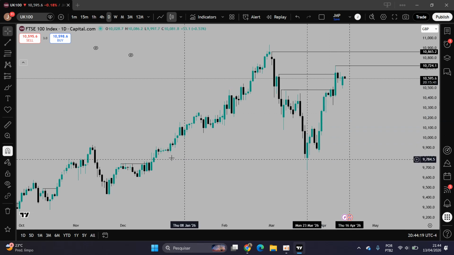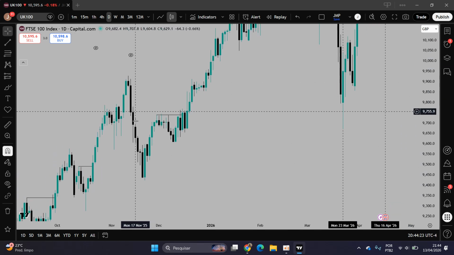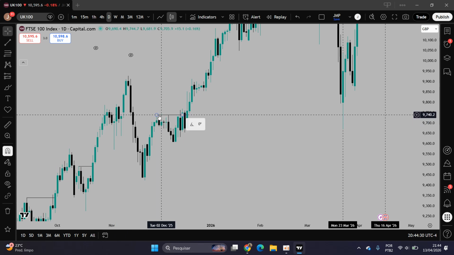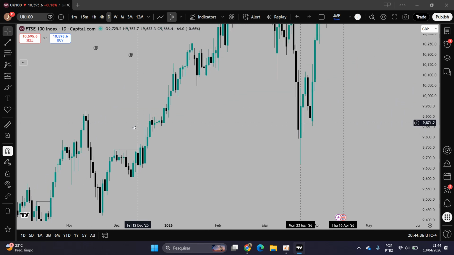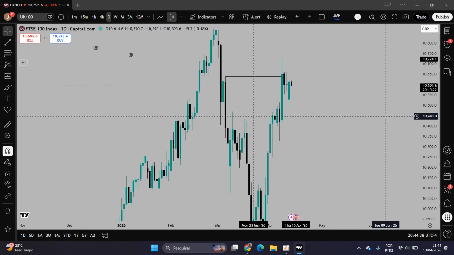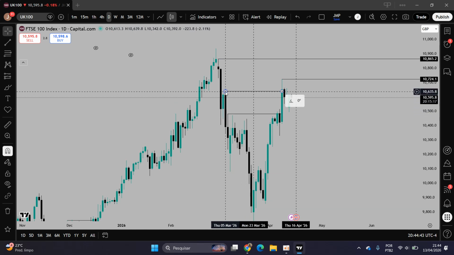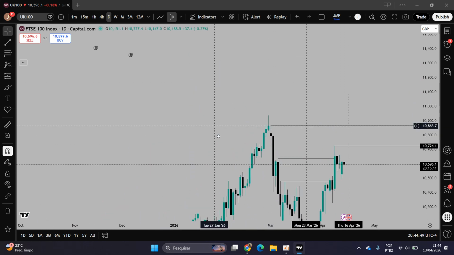As you guys can see, there is no liquidity right here, and price took some time to make this retraction. And right here there is a lot of liquidity, and price is just taking those liquidities.